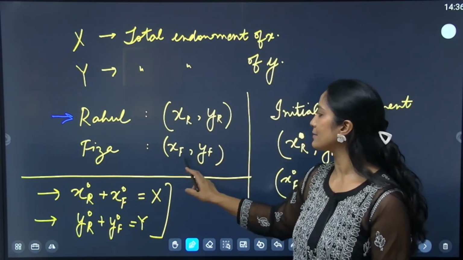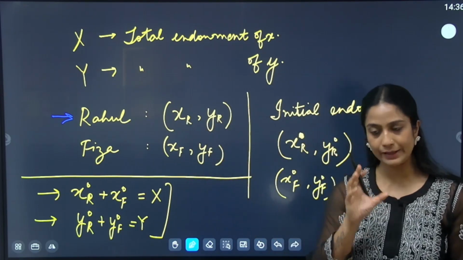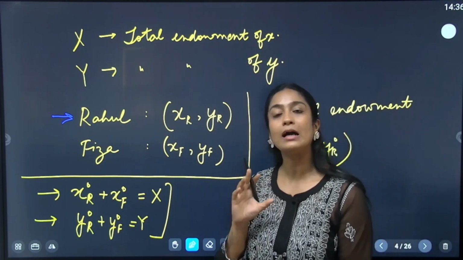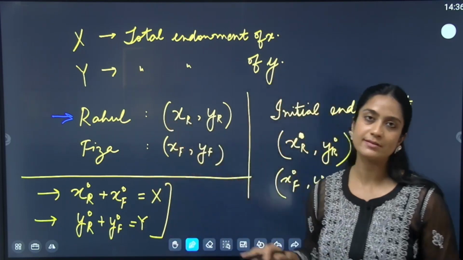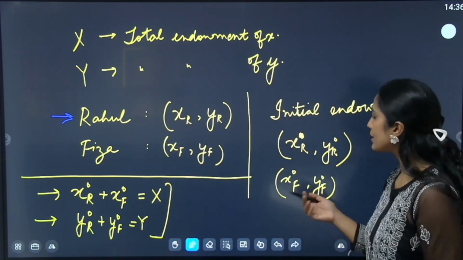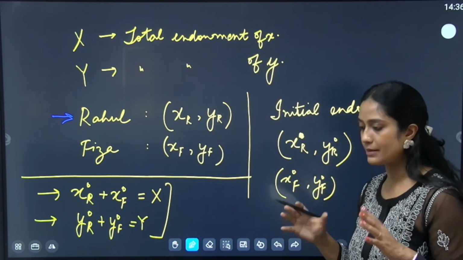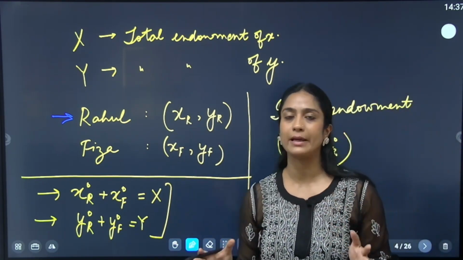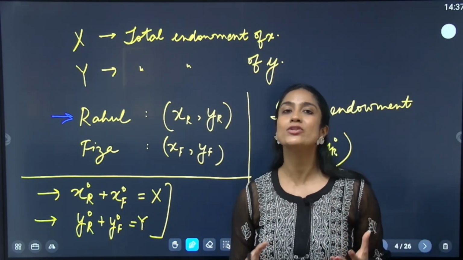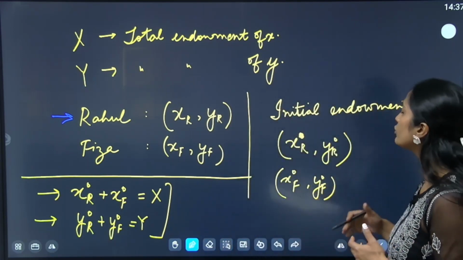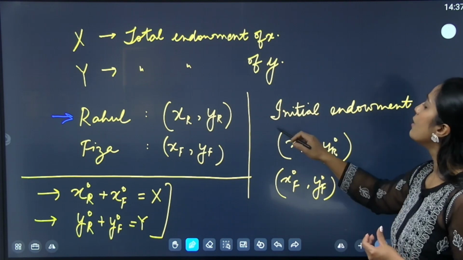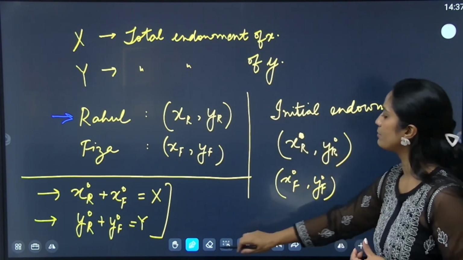Similarly, XF and YF is any arbitrary allocation, any arbitrary bundle for Rahul and Fiza respectively. Okay. And since we know that there is an availability, both of them will start with an initial allocation, where we will use this not symbol.